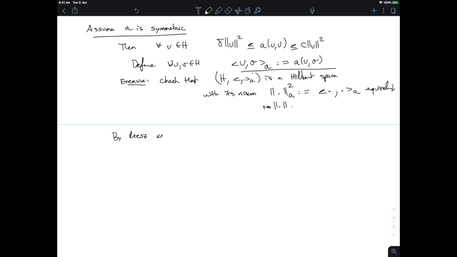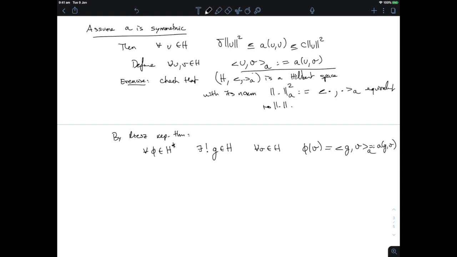And this representation theorem tells me that for every phi in the dual of H, there exists a unique G in H such that for all V in H, phi of V is given by the inner product against G, but the inner product being now the inner product adapted to A. Right? I'm using the Riesz representation theorem in the Hilbert space H with respect to this inner product. And well, by definition, this is A of G comma V.